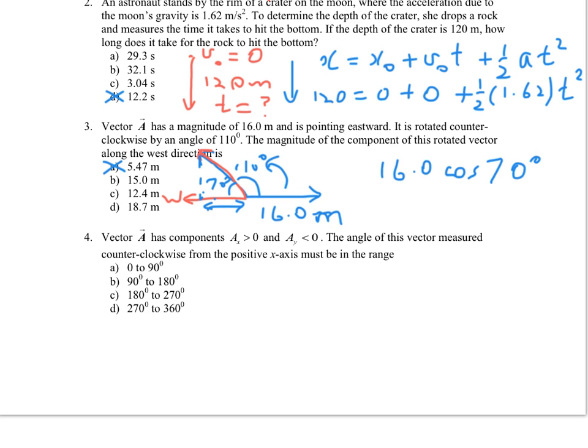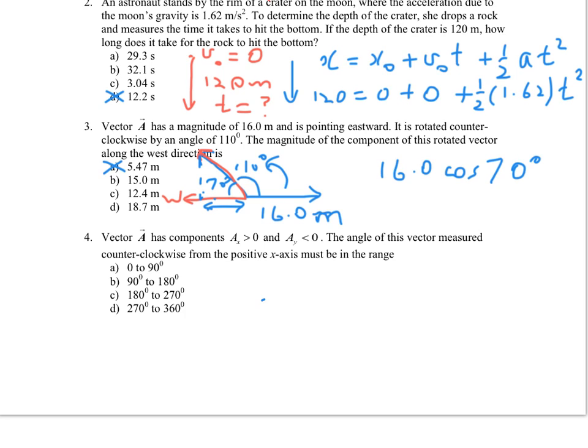Okay, next problem, number 4. You're told that vector A has components ax greater than 0 and ay less than 0. They ask for the angle of this vector measured counterclockwise from the positive x-axis. So the first thing is to sketch the vector.